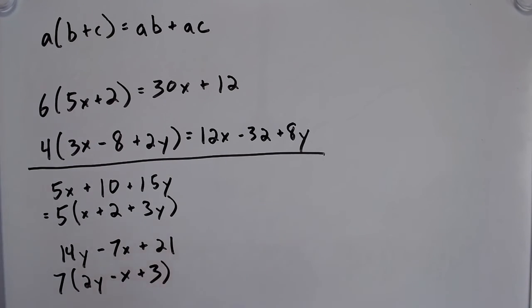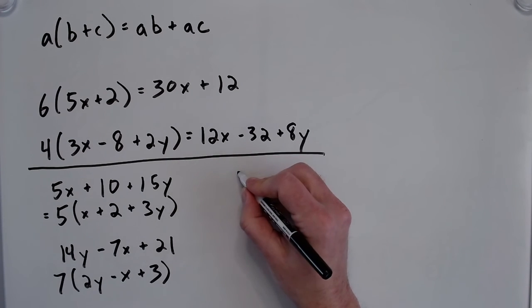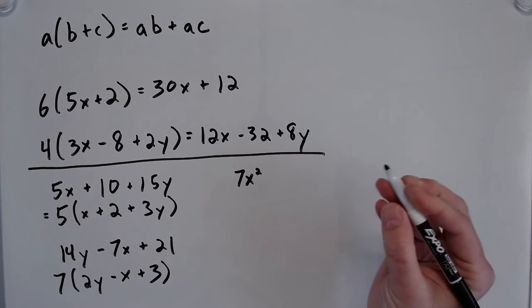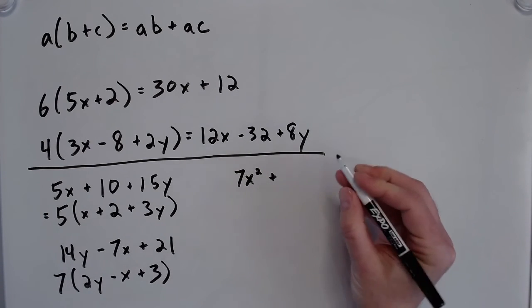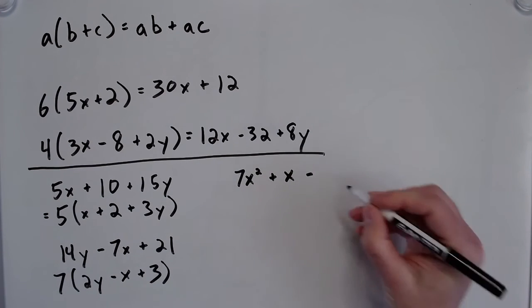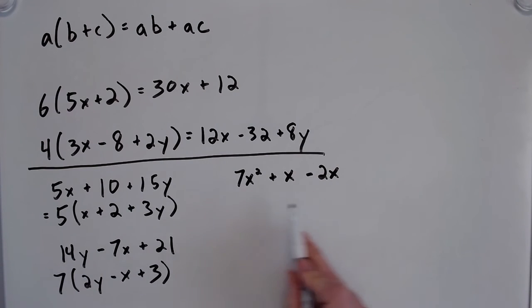That's 3. I want to do one more factoring problem where we're factoring out a variable. So we're going to put this up here and say 7x squared plus x minus 2x. Now this may look a little complicated, but what is a common factor in all of these?